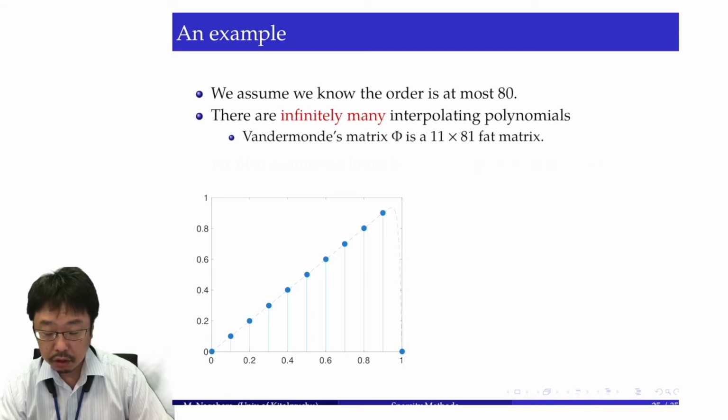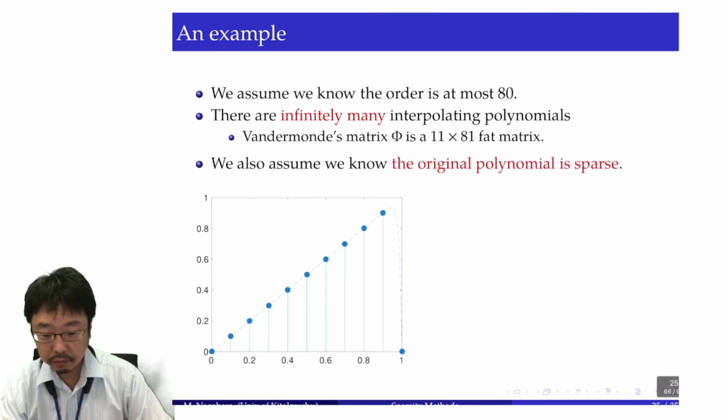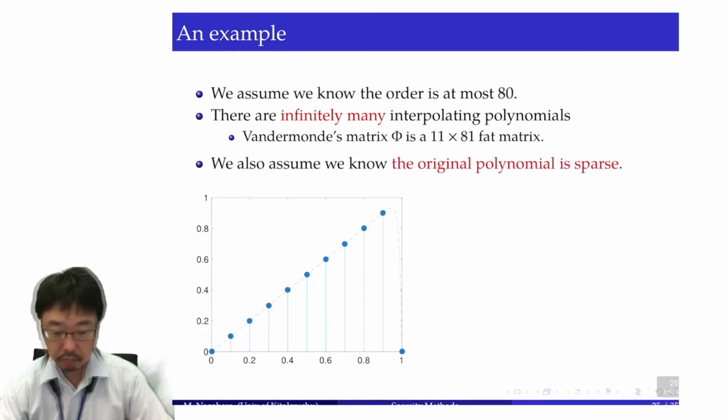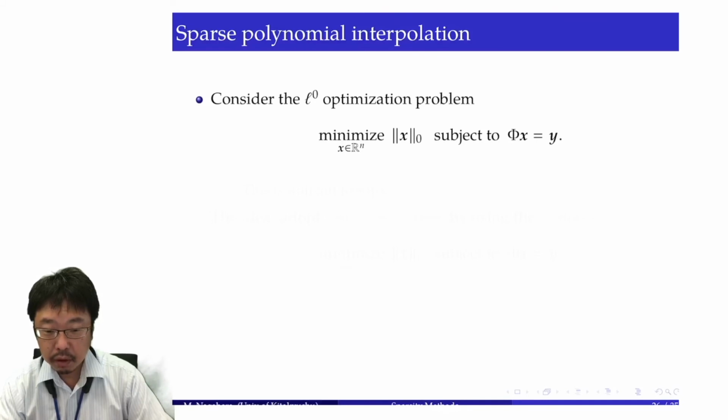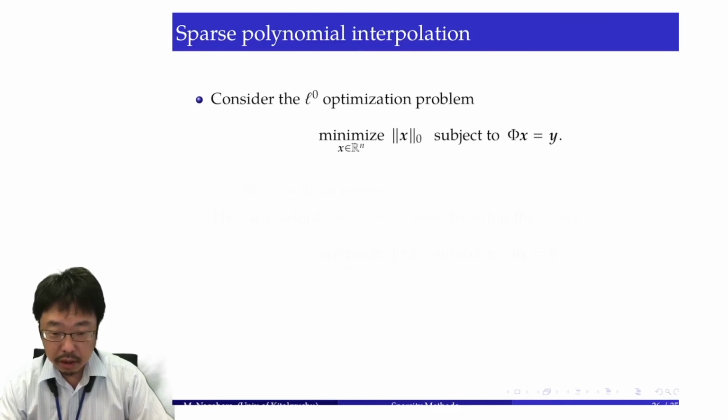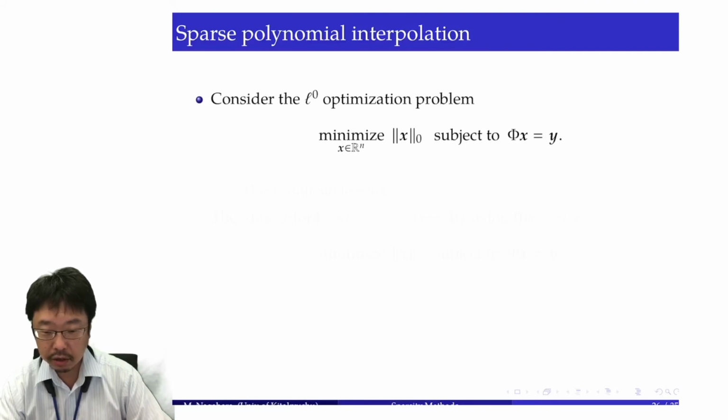We also assume we know that the original polynomial is sparse. This is important. Then we consider the L0 optimization problem, that is, minimize the L0 norm of x subject to phi x is equal to y.